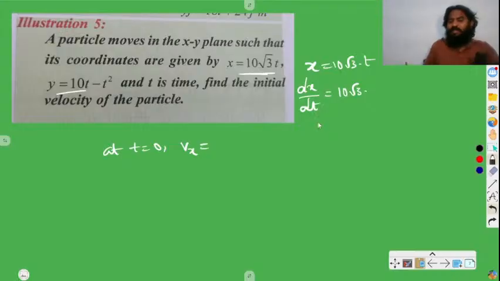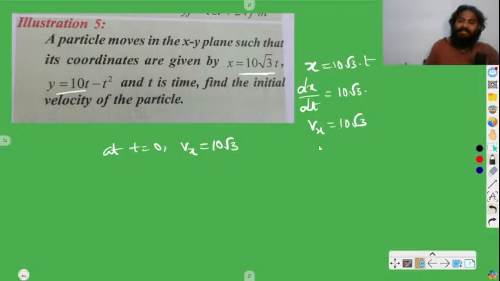That's it. This is nothing but velocity. Vx is equal to 10 root 3. Even at the initial time, Vx is equal to 10 root 3 only, because it is a constant value we are getting.